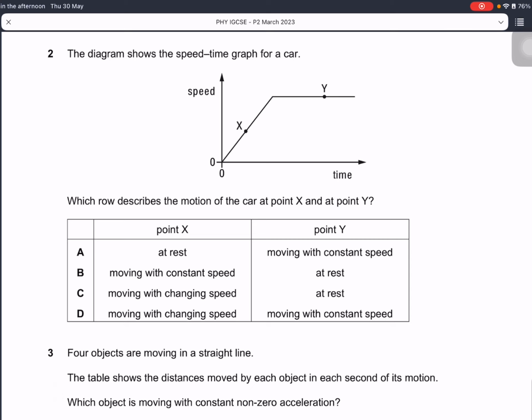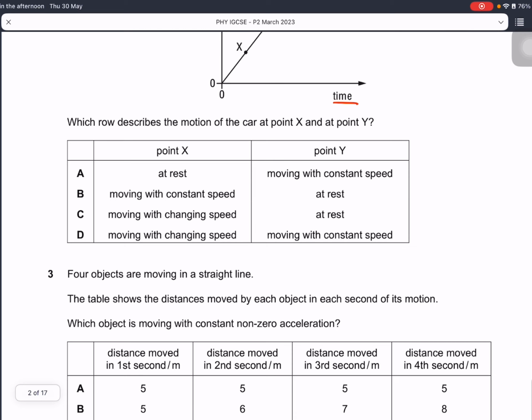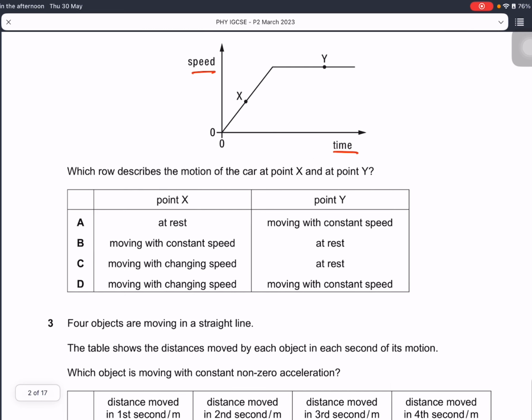The diagram shows the speed-time graph. Be very careful: speed and time. Which row describes the motion of the car at points X and Y? We have to find X first, then Y. What's happening in X? Speed is increasing.